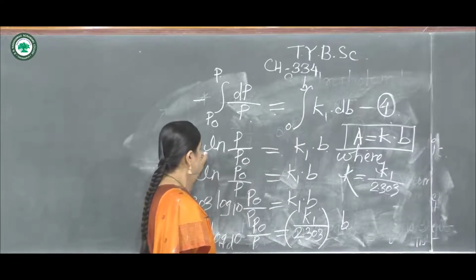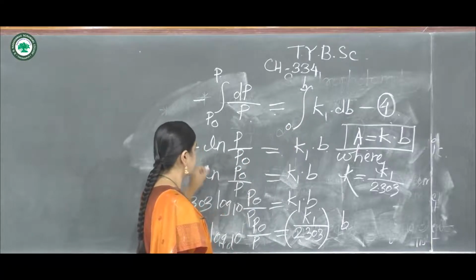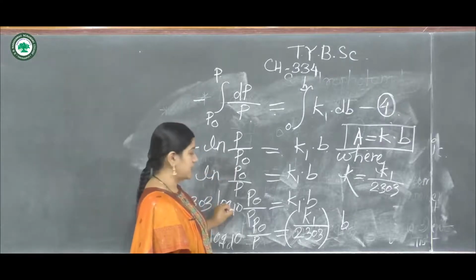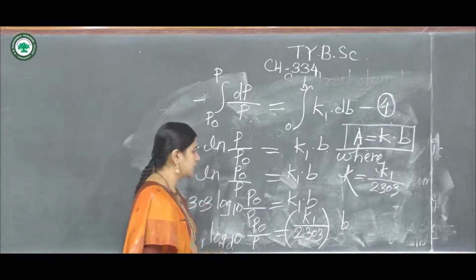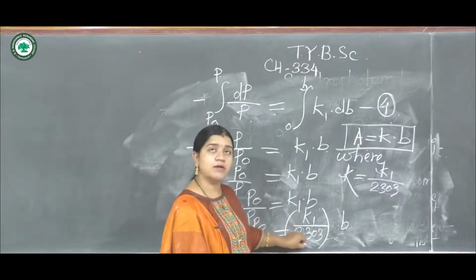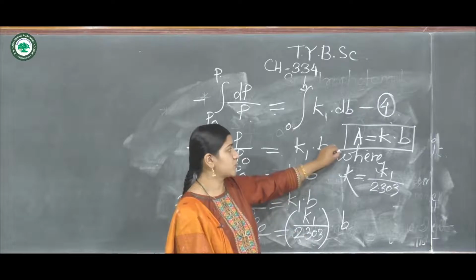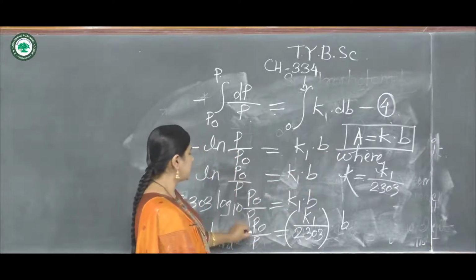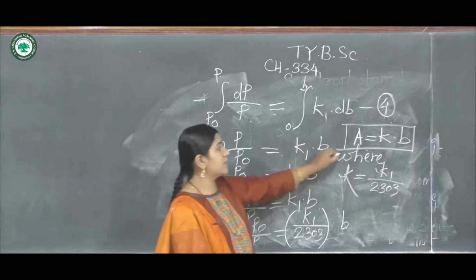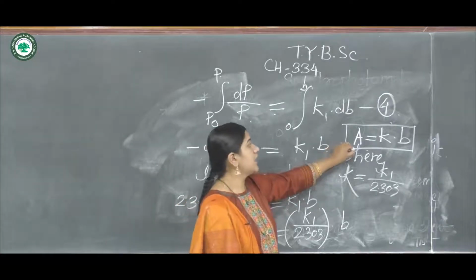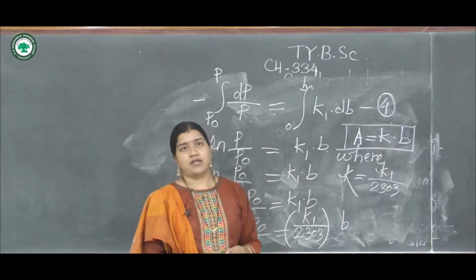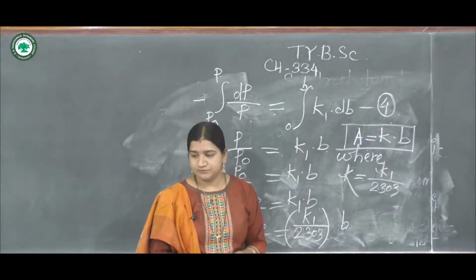We convert ln p upon p0 to log to the base 10, and finally you get log to the base 10 p0 upon p is equal to k1 upon 2.303, which comes to be the constant. So log 10 p0 upon p is nothing but the absorbance. We represent it by capital A. Capital A is equal to k into b. Okay, so this is about the Lambert's law.